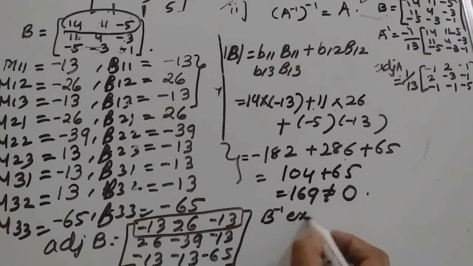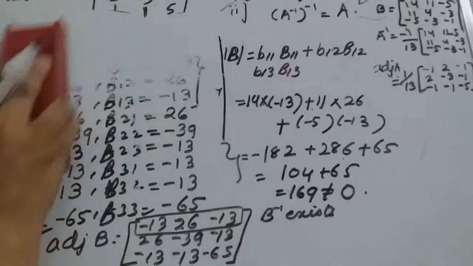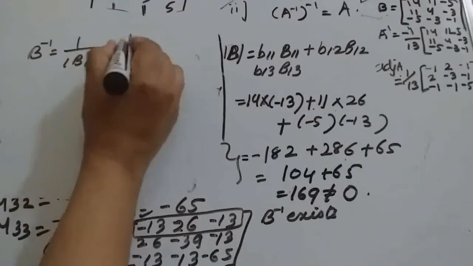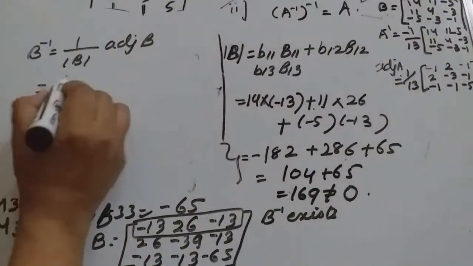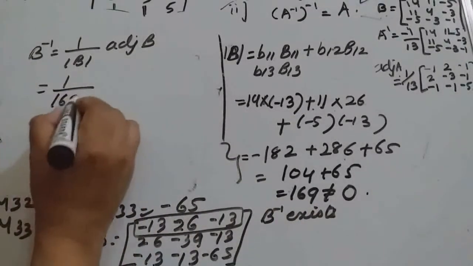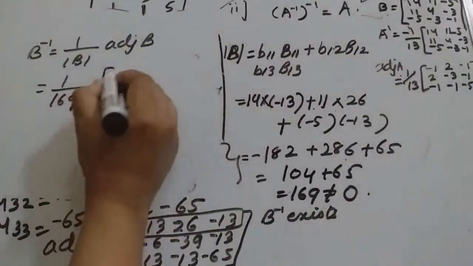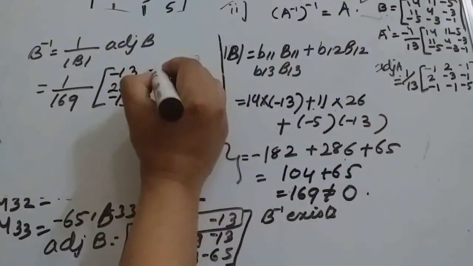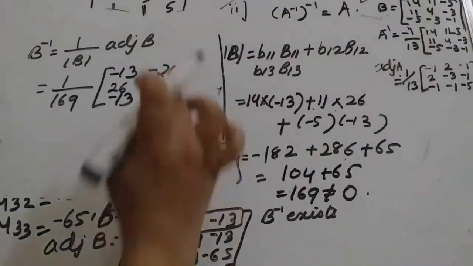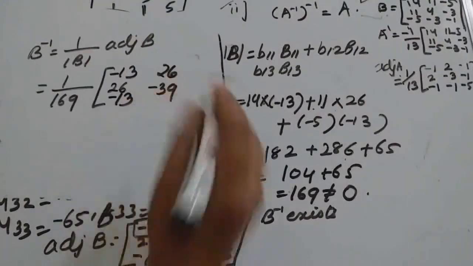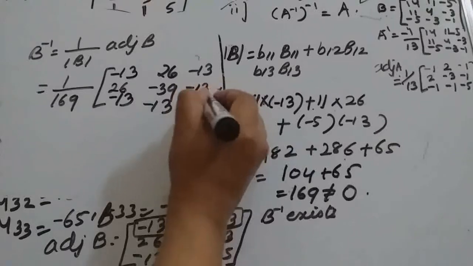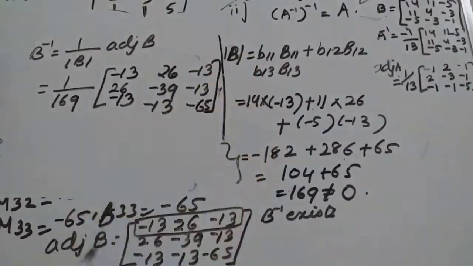So B inverse exists and B inverse will be equal to, I will write here, B inverse is equal to 1 by determinant B adjoint B, isn't it? So 1 by determinant B means 1 by 169 and adjoint B means this matrix. So minus 13, 26, minus 13, 26, minus 39, minus 13, then minus 13, minus 13 and minus 65.